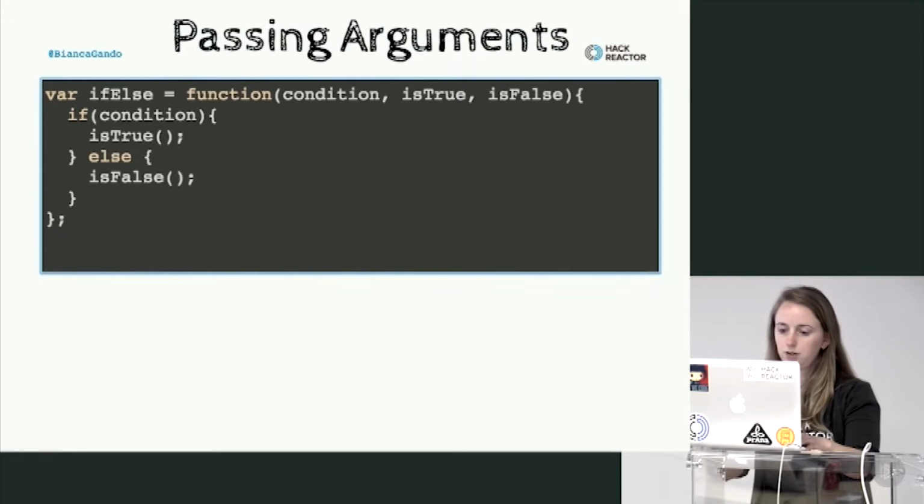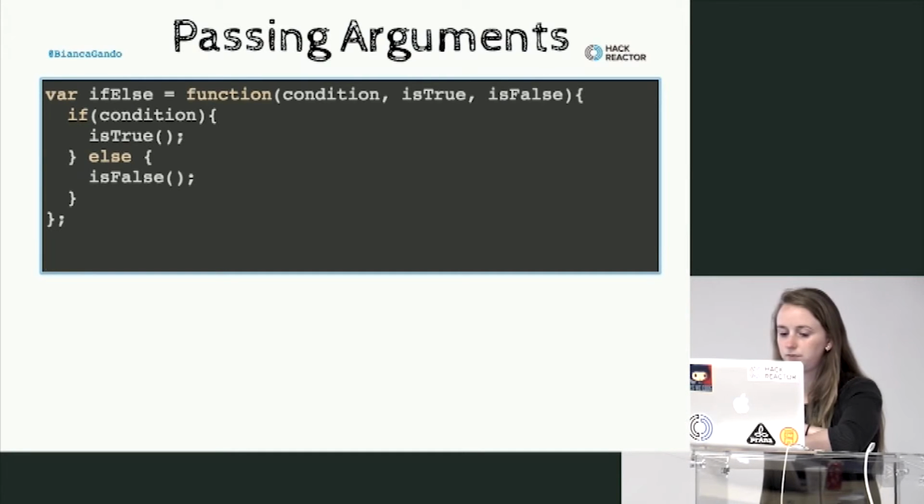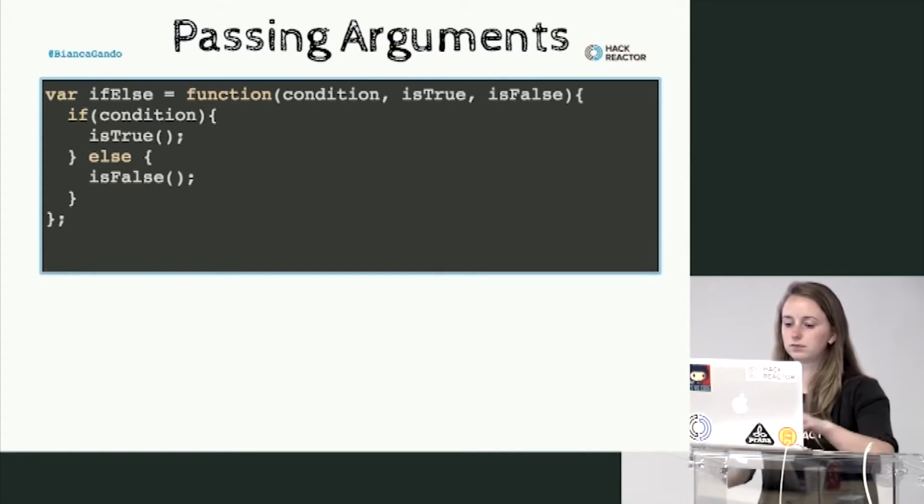So how would we pass an argument here to either is true or is false? What would we have to change to pass an argument? Put it in the function within the if block.